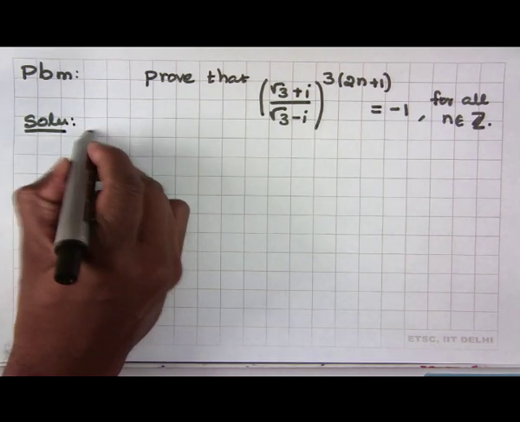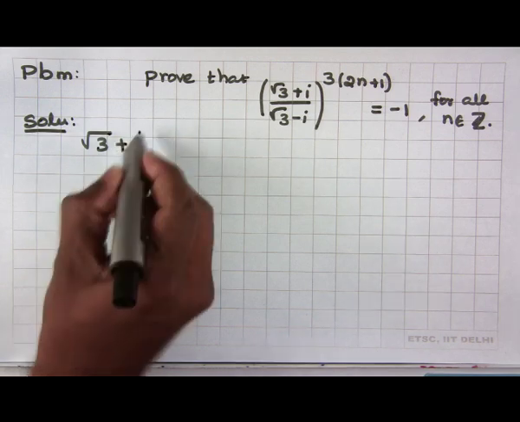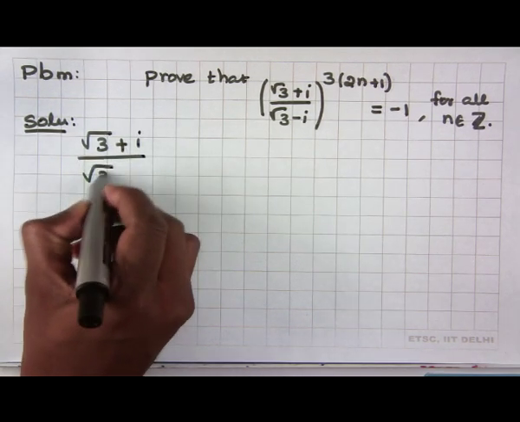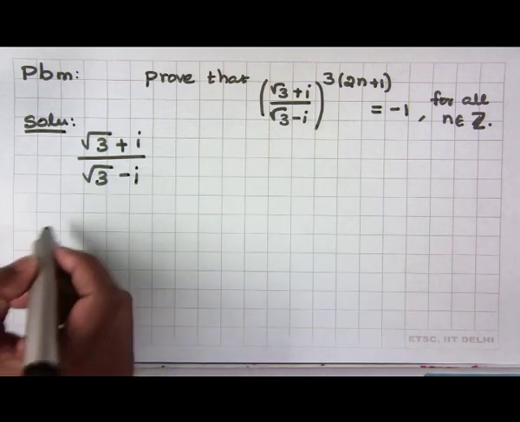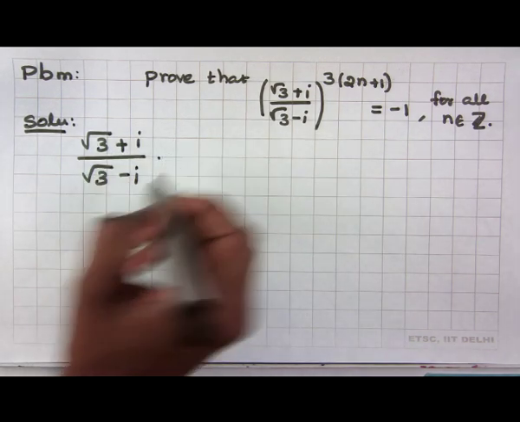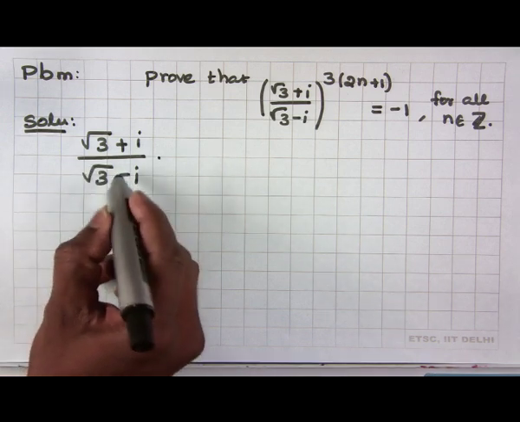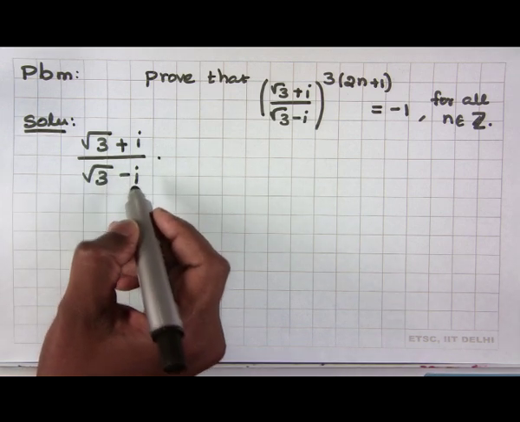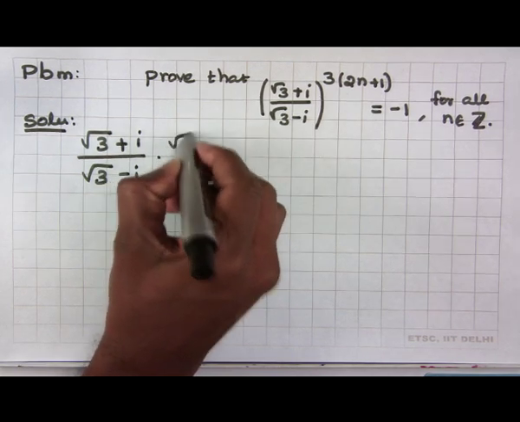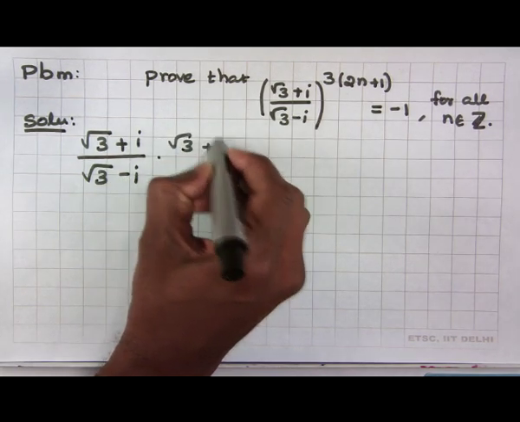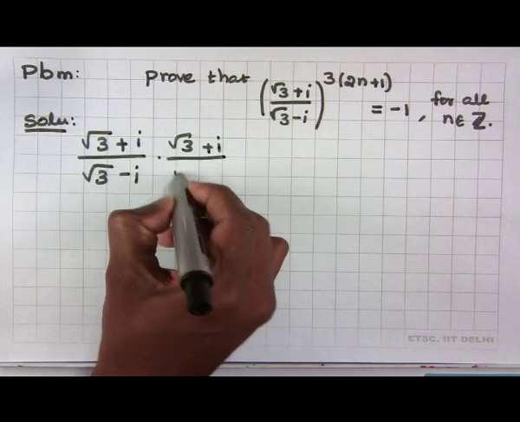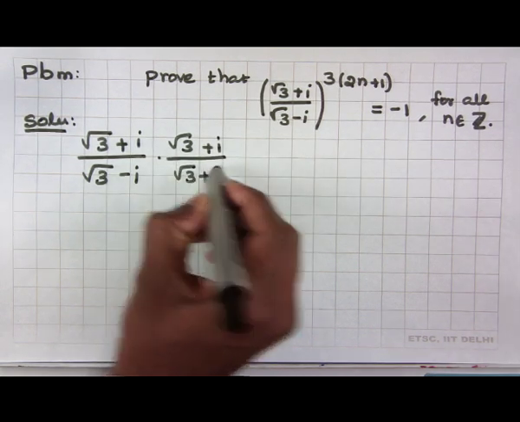Consider this expression (√3 + i)/(√3 − i). Let us simplify directly, which means you multiply by its conjugate, √3 + i, in both numerator and denominator.